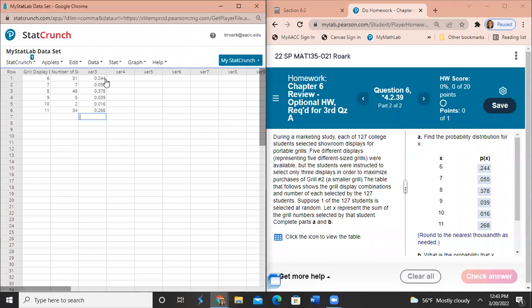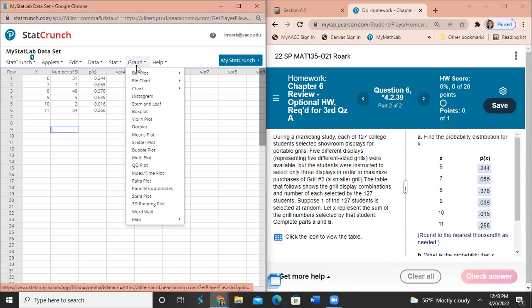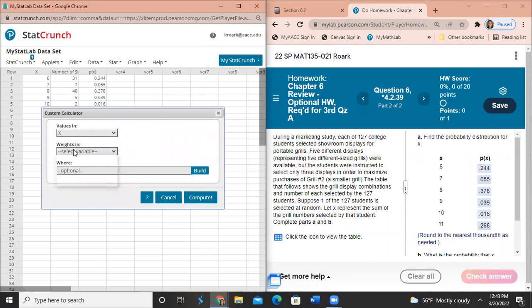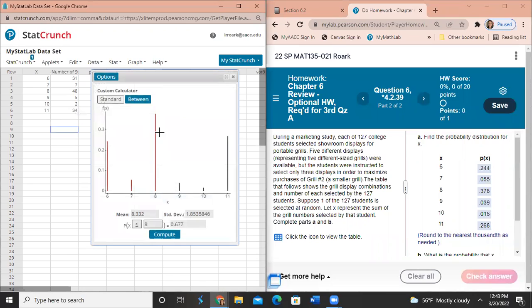So what I went ahead and did is enter the probability distributions in this column here. Again, there are lots of different ways you can do this. I'm going to label this as P of X, and I'll label this as X since I changed that. Then I'm going to go to Stat, Calculators, Custom, and select X and P of X, because that's how I labeled them, just so I didn't have to think much about it.